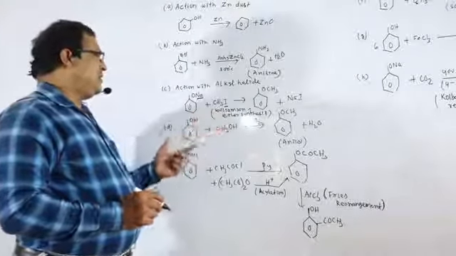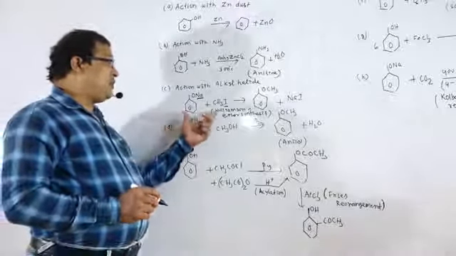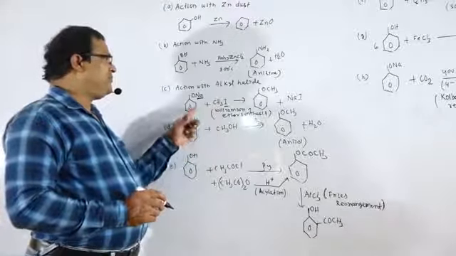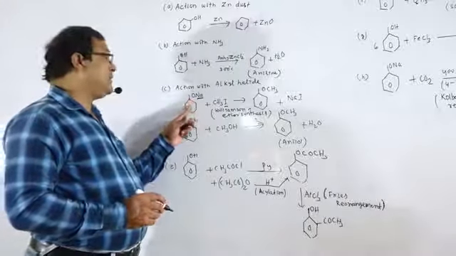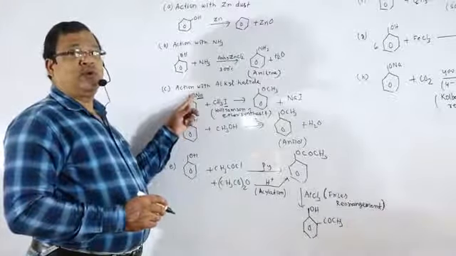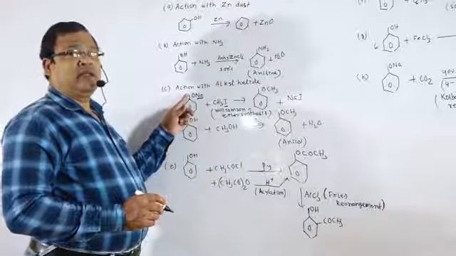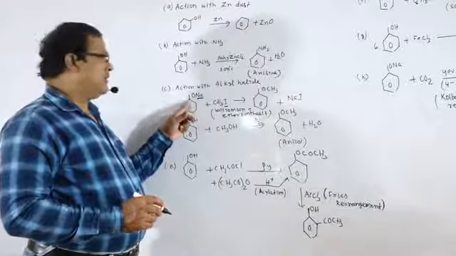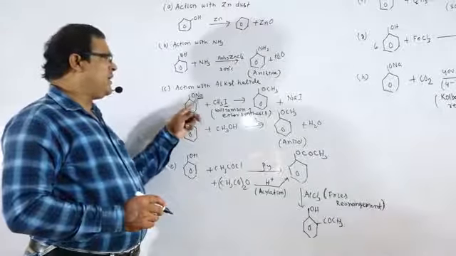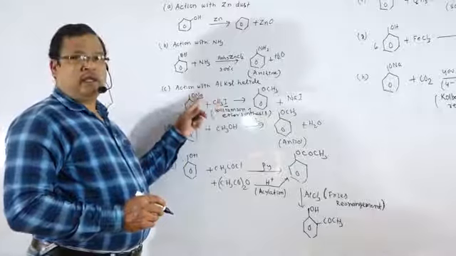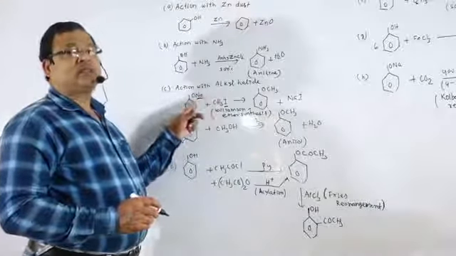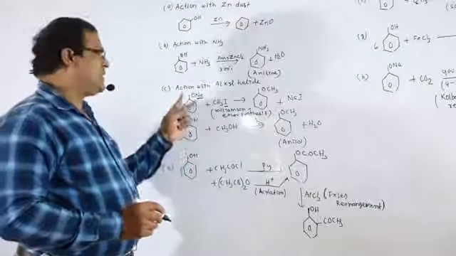Next, a very important question from this: if we take benzene attached with chlorine or bromine or iodine, that is a haloarene, and CH3ONa, there is no chance of formation of the ether. We will discuss later on.